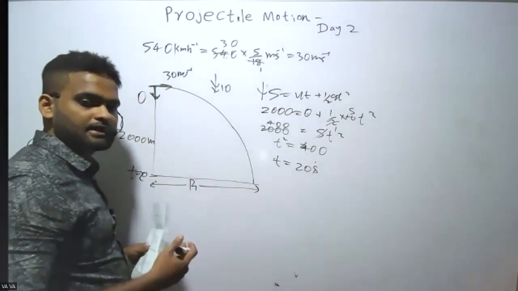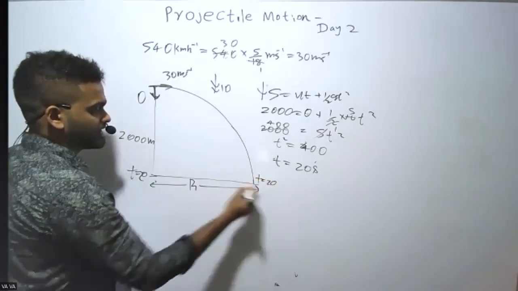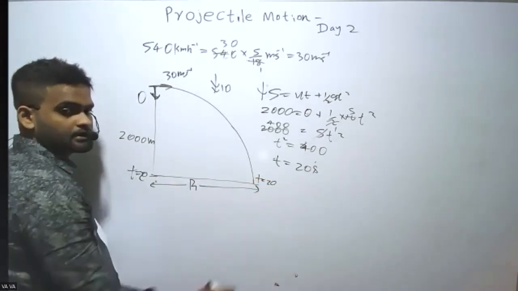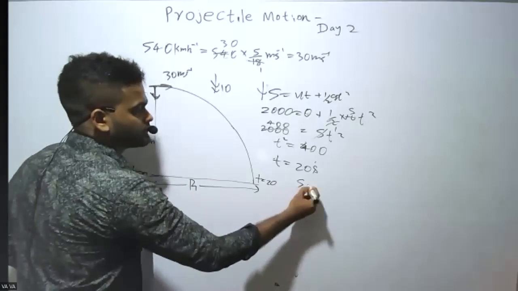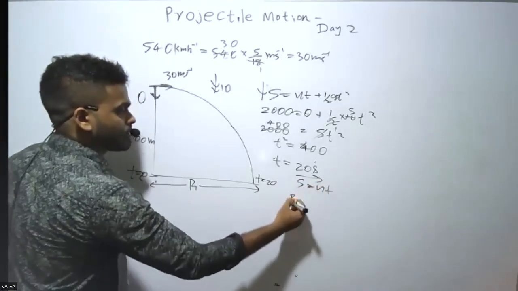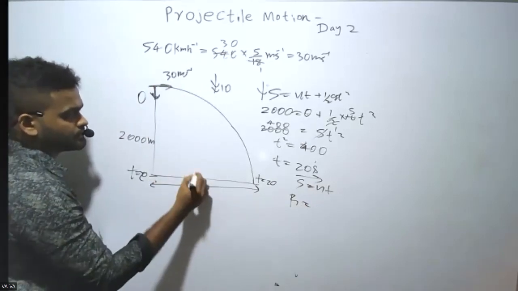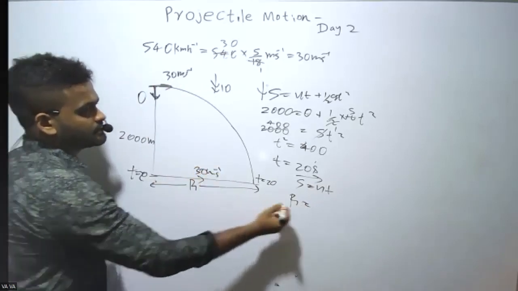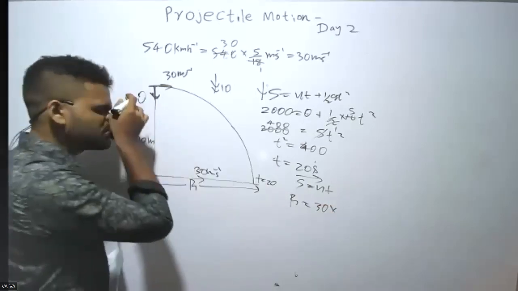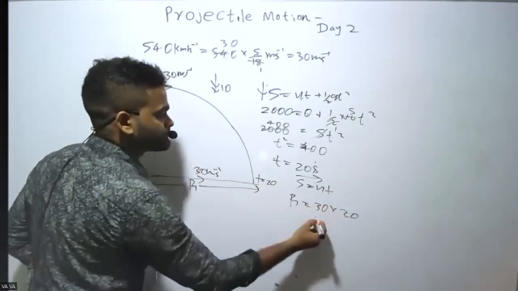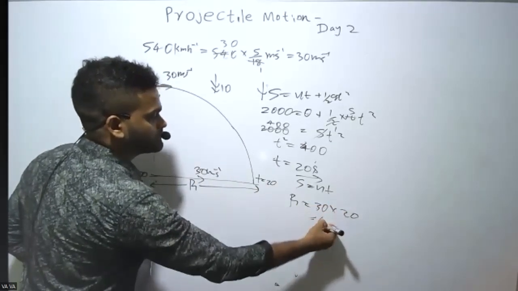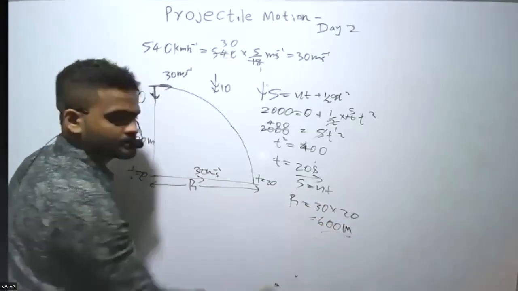They happen simultaneously. Then you can apply S equals ut horizontally to find R. Initial velocity, we know the horizontal component does not change. That is 30 meters per second, times time. Time is 20. 3 times 2, 600 meters.